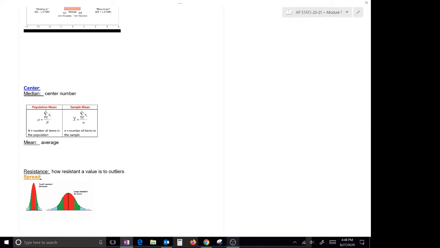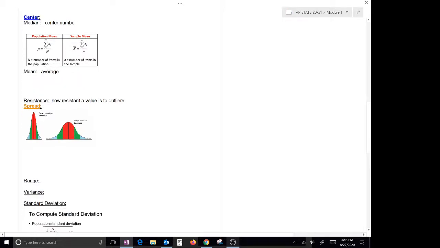In other words, if we were to throw an outlier into our data, is it going to pull or skew that value more or less? As we'll see, a median is very resistant to outliers. If I throw another number into my data set that's a big outlier, chances are it's not going to shift the median very much. However, it could very much shift the mean.